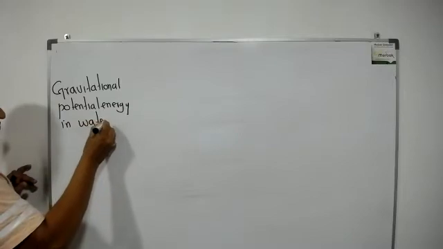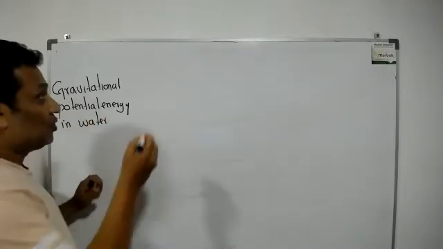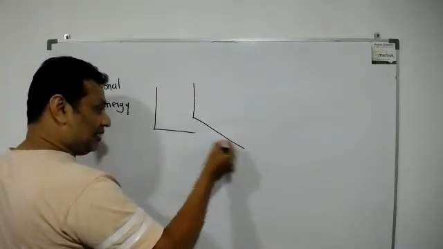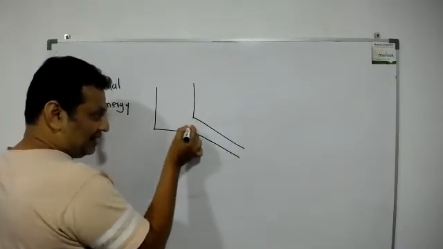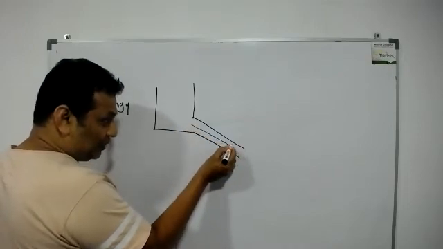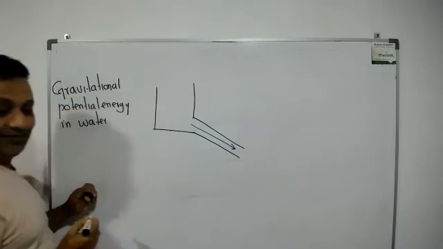Right? Now, from the reservoir, you can see in the picture, there is a tunnel. Through this tunnel, water is made to flow down.